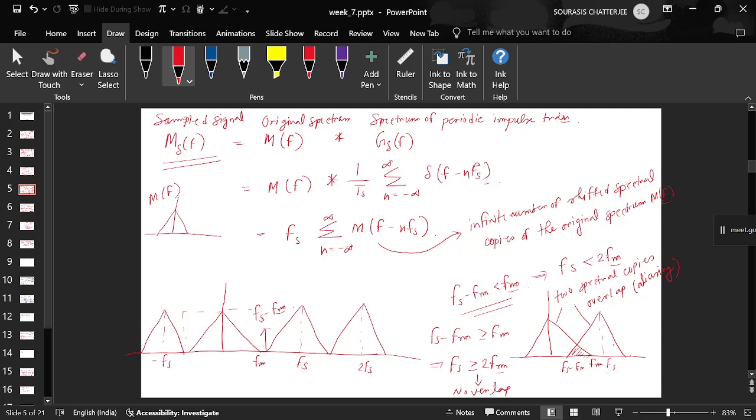So this is what we call aliasing, and that happens when the sampling frequency is less than twice the maximum message frequency component.